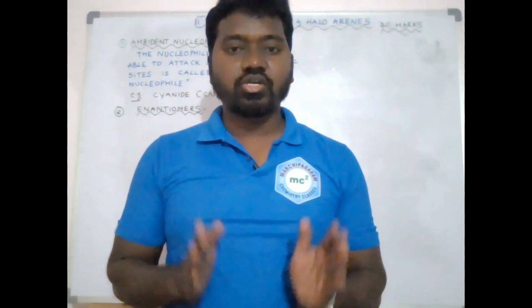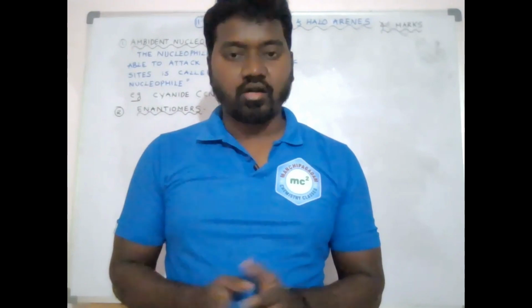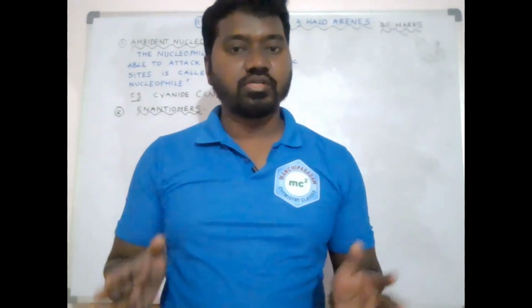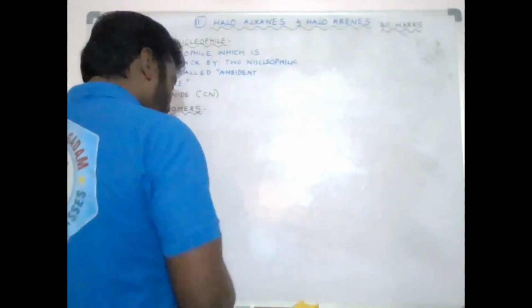When you take them like this, thumb is here and the other thumb is here, both are here. This is called non-superimposable mirror images. So the stereoisomers which are related as non-superimposable mirror images to each other are called enantiomers. Simple.